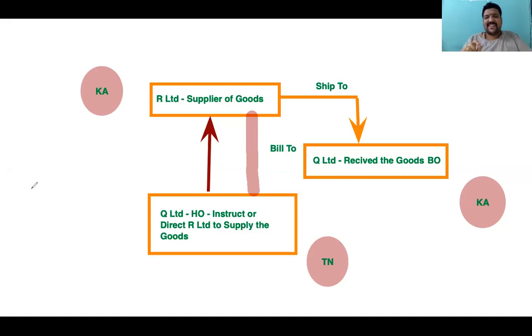If you come out and say, I'm sorry, the place where the goods are delivered, where the movement terminates, Karnataka, place of supply Karnataka, location of supplier R Limited Karnataka, then it is an intra-state supply to Tamil Nadu Q Limited head office. R Limited will issue a CGST, SGST invoice as it is an intra-state supply of Karnataka.